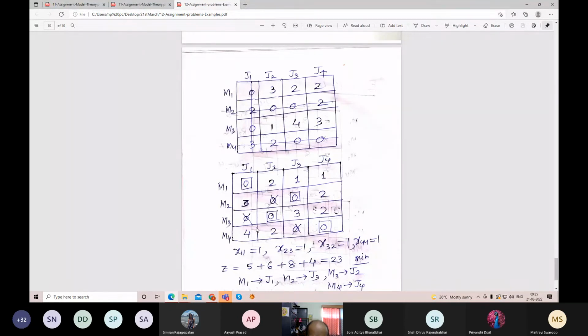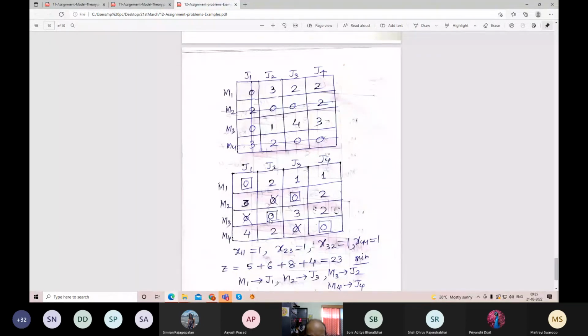So in the first row we have assigned, and in the second row, once the first row is done, there are 2 0s, we cannot. In the third row there is 1 0 we can assign, because this is already gone, and in the fourth row there is 1. In the first column we have done, in the second column this is assigned.